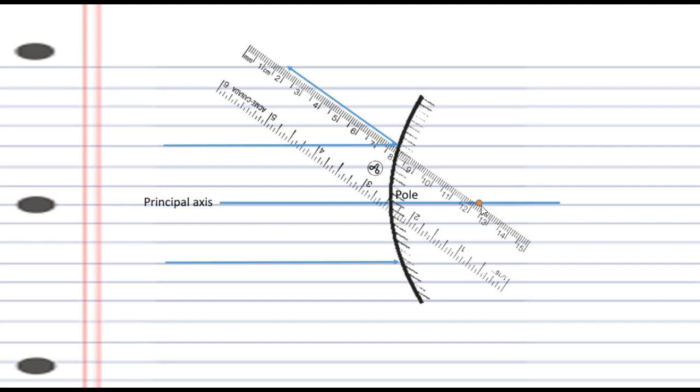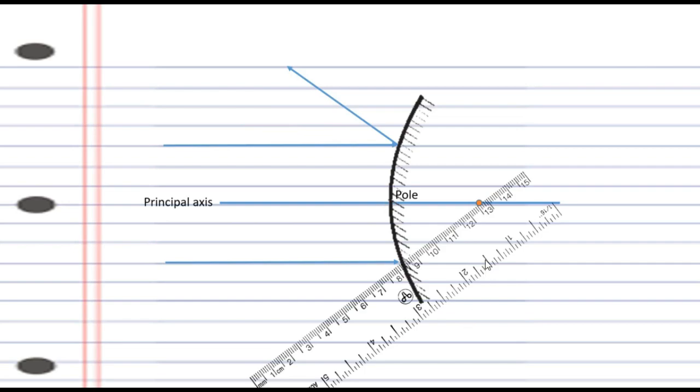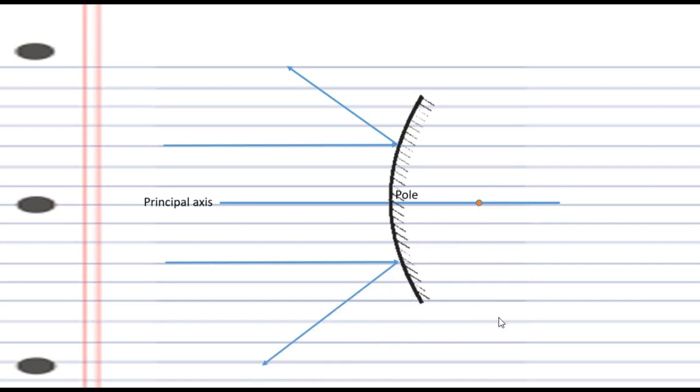In the same way, keeping this as a reference point, down below we have to draw reflected ray. Now you can see this convex mirror, right? Convex mirror, and these are the rays which have diverged after reflection from the convex mirror, right?